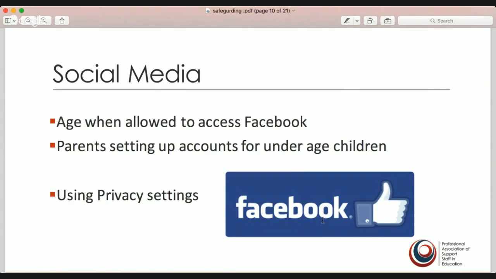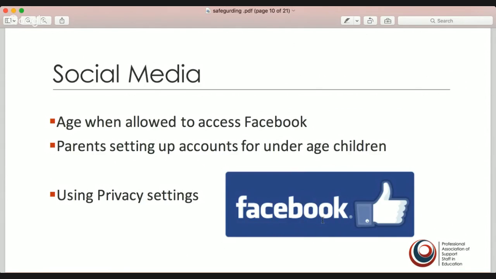Facebook set out restrictions, and the others do as well, about what age group can access their sites. And they have all sorts of privacy settings on them that should be used and should be enforced to try and protect young people who are using them when they are of the correct age.